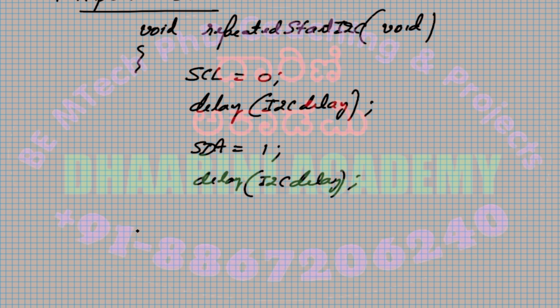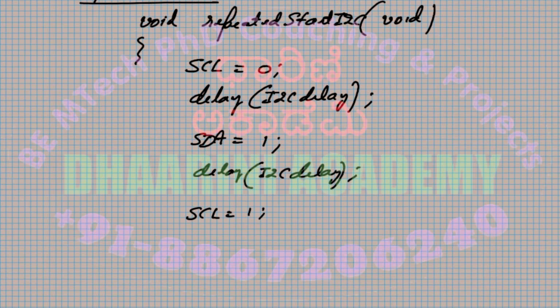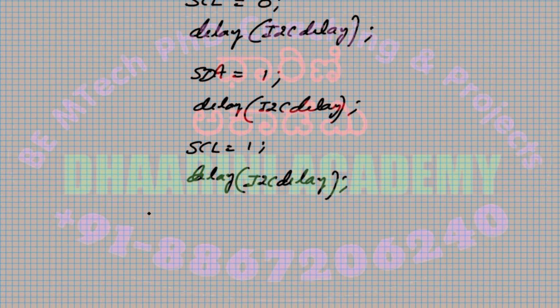Now you make SCL as 1. SCL becomes equal to 1. Call I2C delay. Once this is done, immediately after this delay, you make SDA as 0.